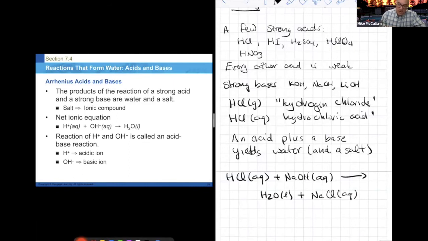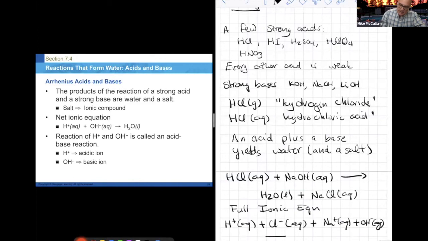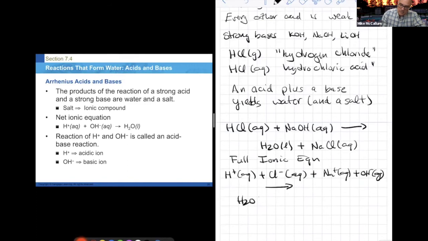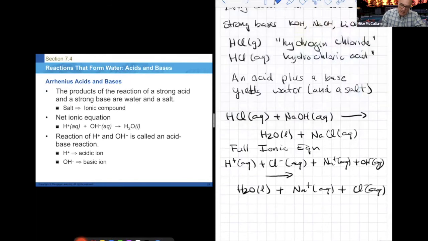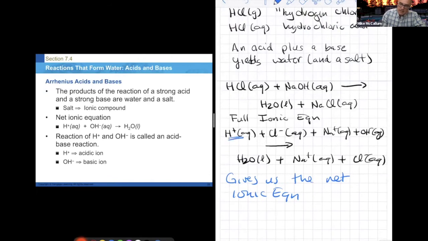But of course, we know the full ionic equation would look like this: H plus Cl minus plus Na plus OH minus yields H2O plus Na plus Cl minus. So what this means is it gives us the net ionic equation, H plus OH to water. In other words, whoops.